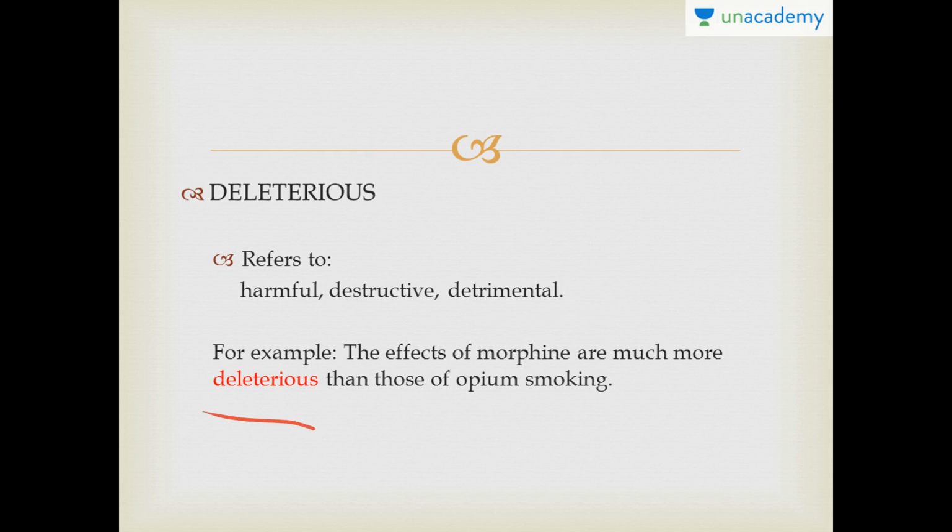Now, I could have just said the effects of morphine are much more dangerous than those of opium smoking, but I have used this word deleterious. You can just say that, it's a good way of putting it. It's a more fancy way of putting it.